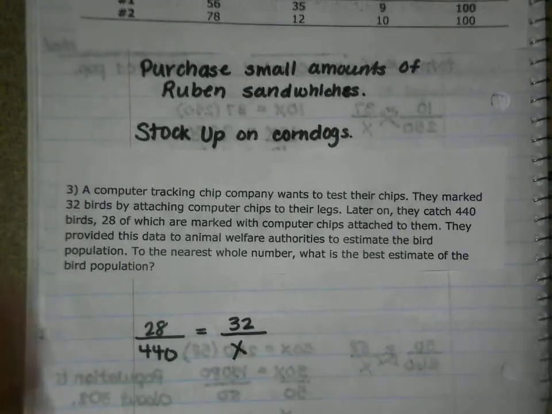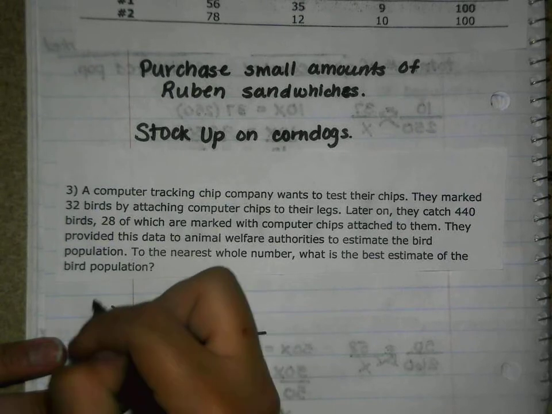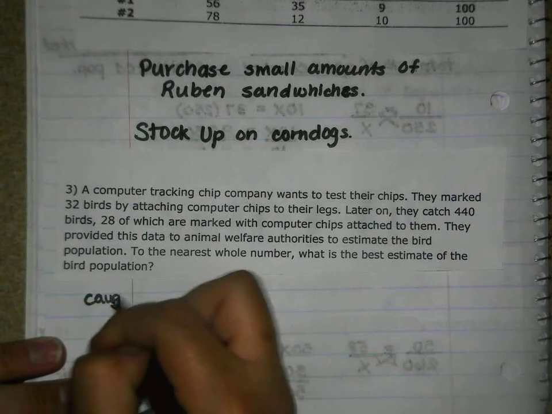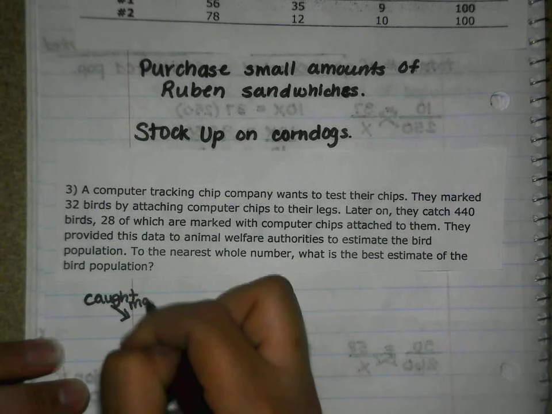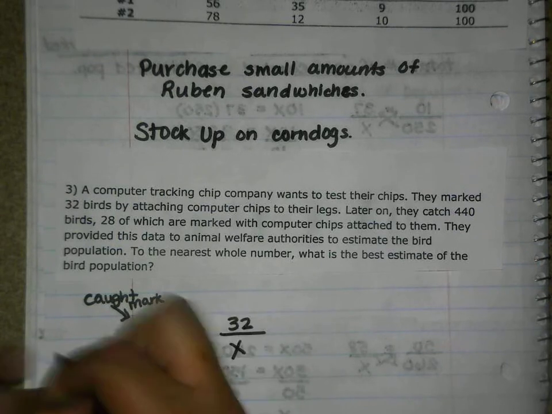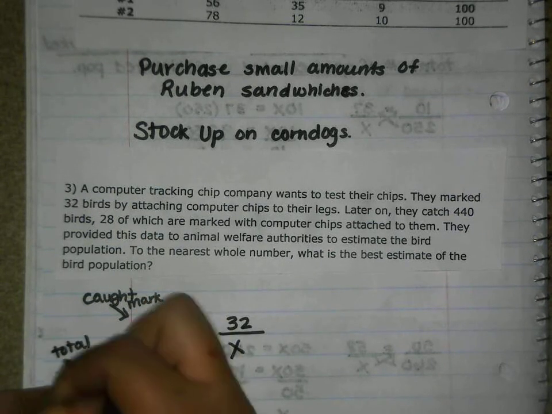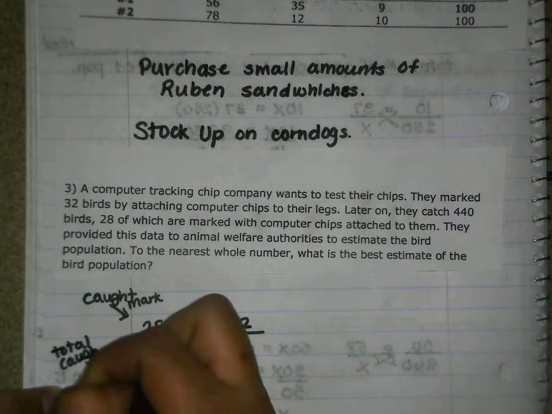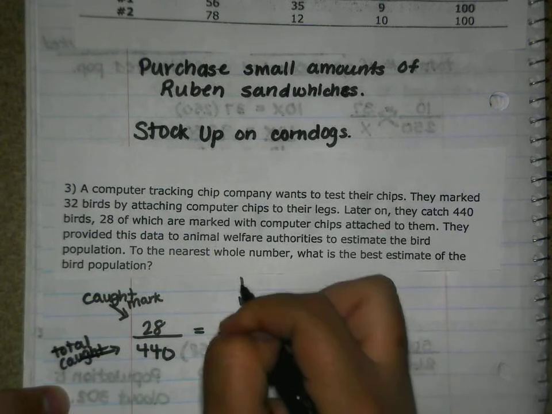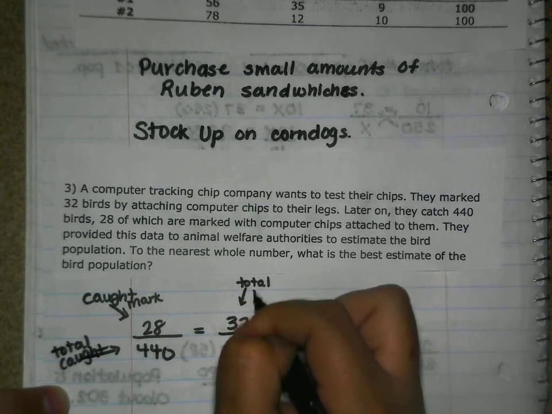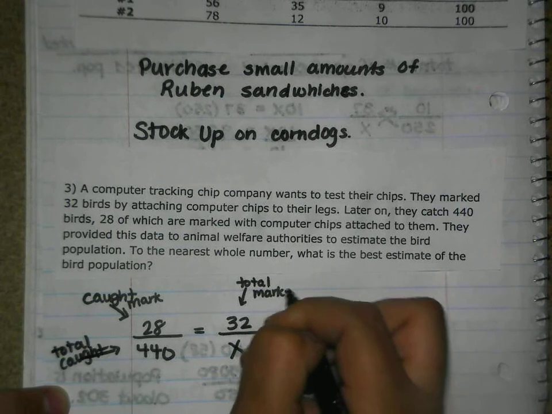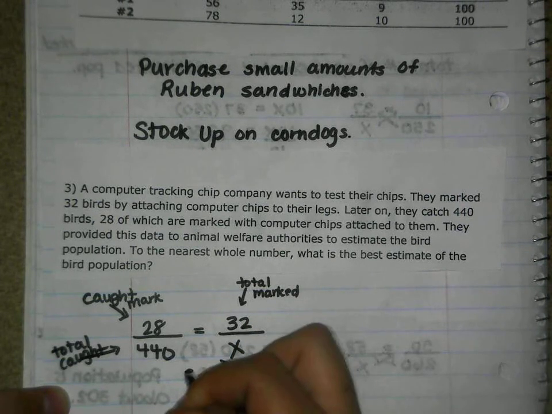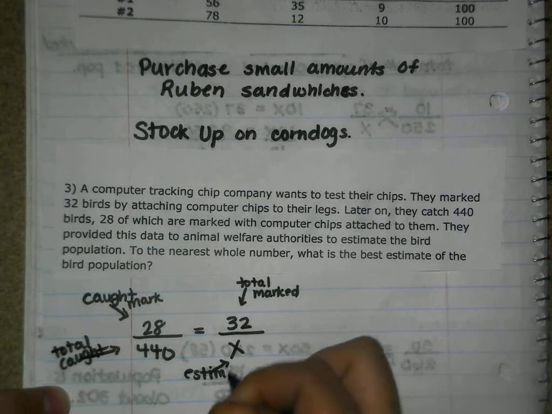So this is going to be the caught marked, and this is going to be the total caught, and this will be the total marked to begin with. And this is going to give us the estimated population, as we did with the apes at the beginning here.